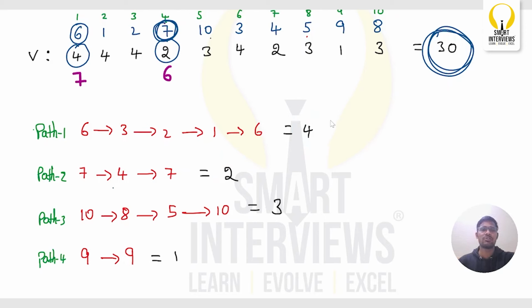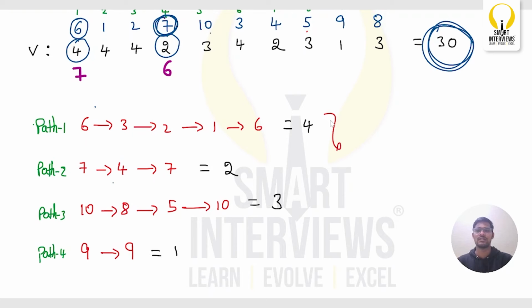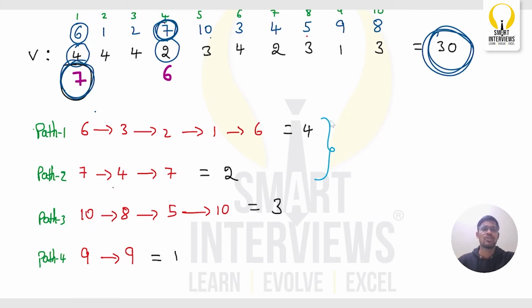Now, what happens when you have swapped one element from path 1 and one element from path 2? Let's see what happens when you try to find the path now. You'll start with 7. Go to the 7 index, you'll have 4.